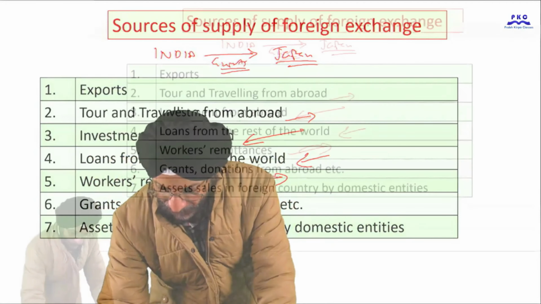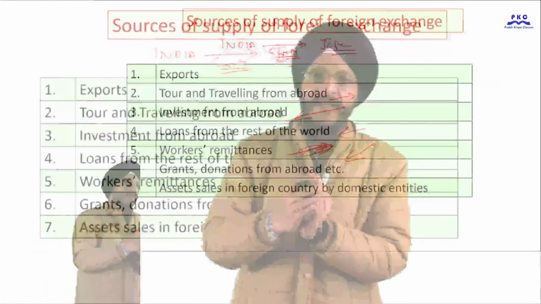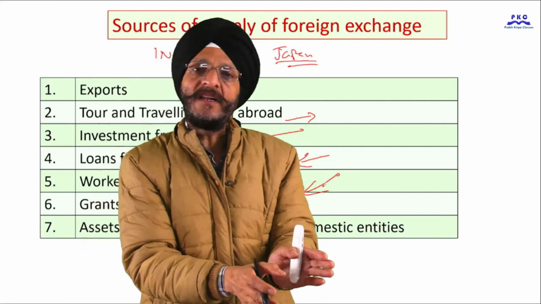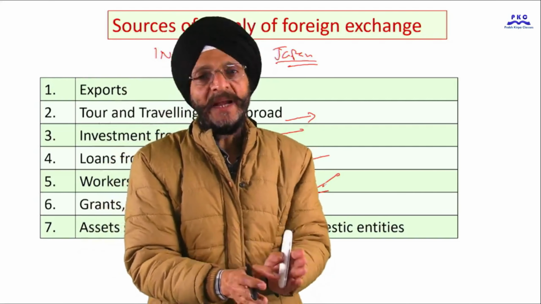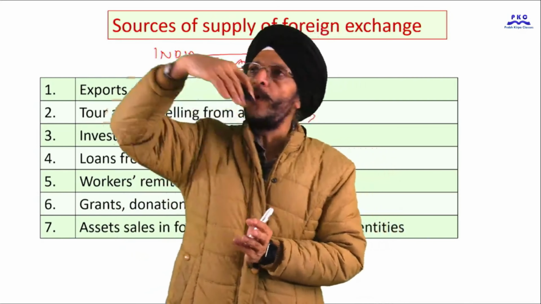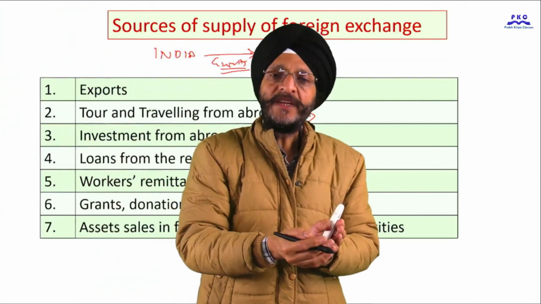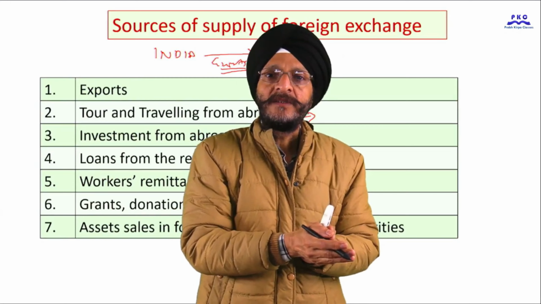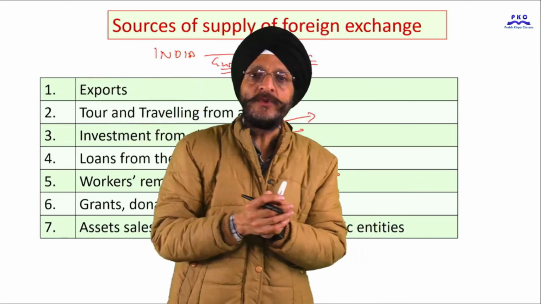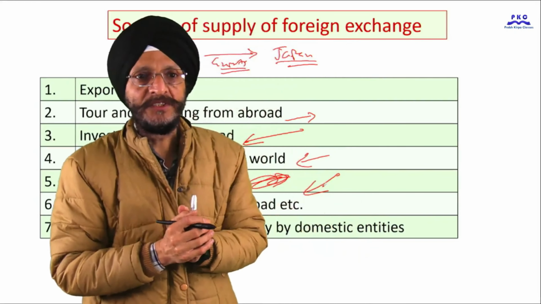Then there are persons from our country who are working abroad. Their families are living back in the home country. So the workers of our country who are working abroad may be sending money to their families in the home country. This results in the inflow, or supply, of foreign exchange.